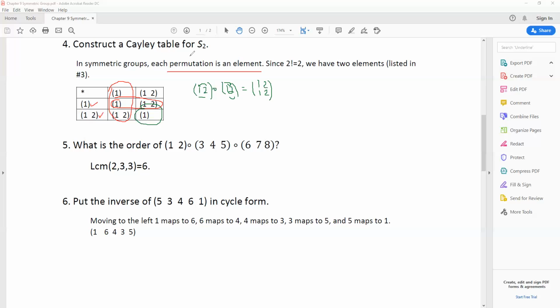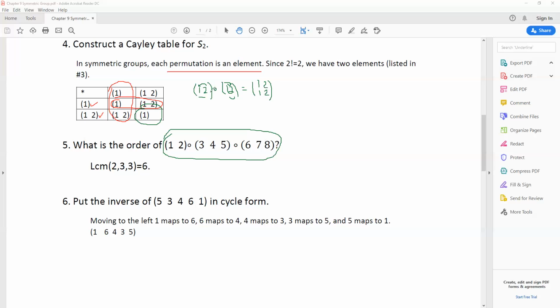Number 5, what is the order of this permutation? Now this permutation here is just a composition, and as we saw in problem number 4, (1 2) composed with itself took you back to the identity.